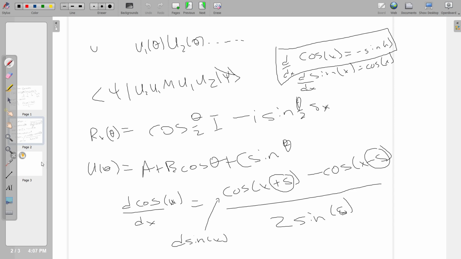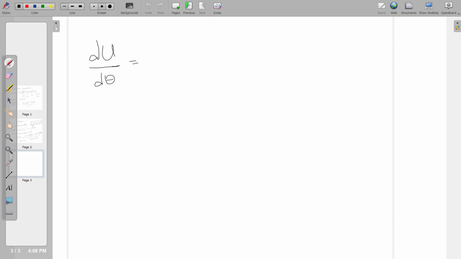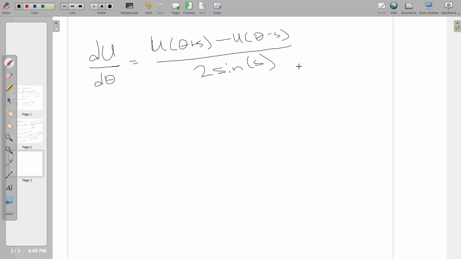And so we get the form of u of theta plus s minus u of theta minus s over 2 sine of s. And so this is the derivative, the parameter shift rule.